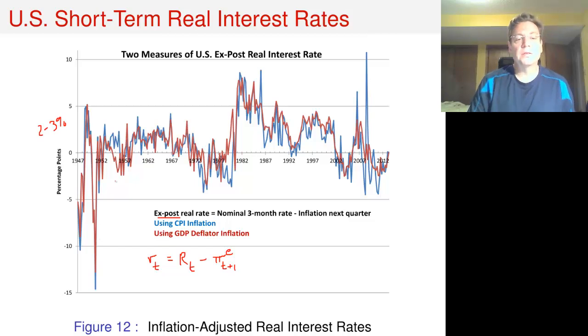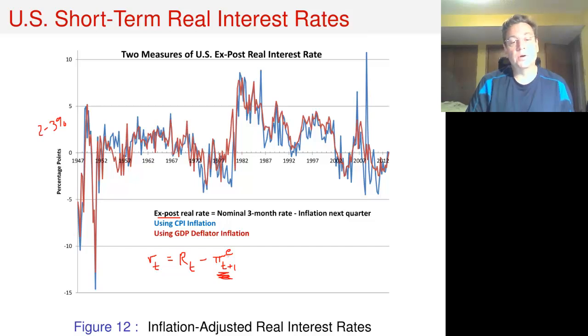but the real interest rate has varied a lot. So in the late 40s and early 50s, we had very volatile inflation. And remember, volatile inflation is going to show up as this thing jumping around a lot. And what we saw was some periods of very negative real interest rates.